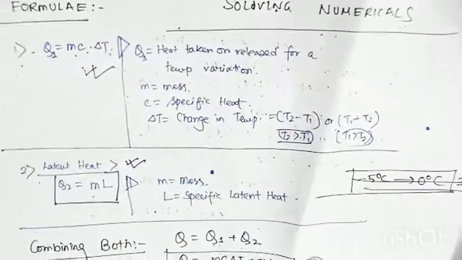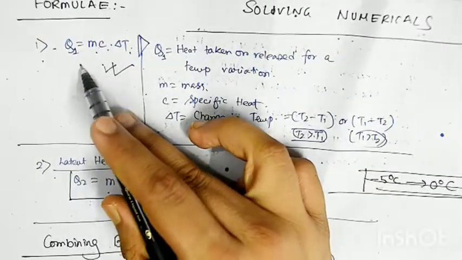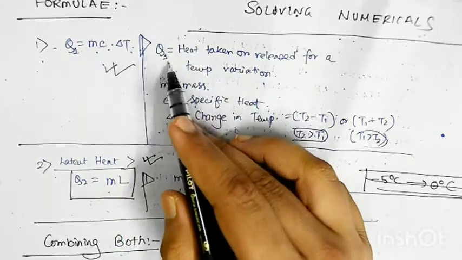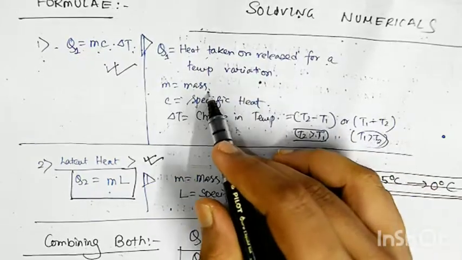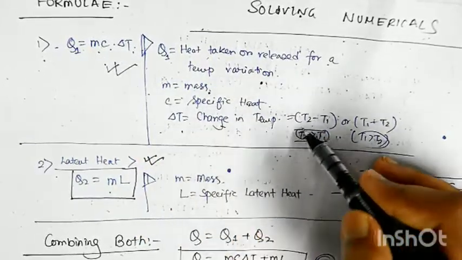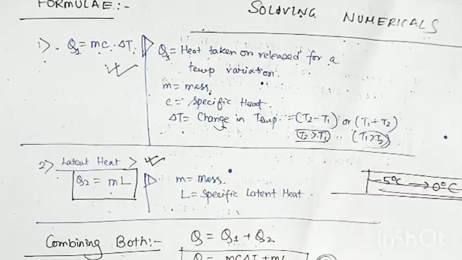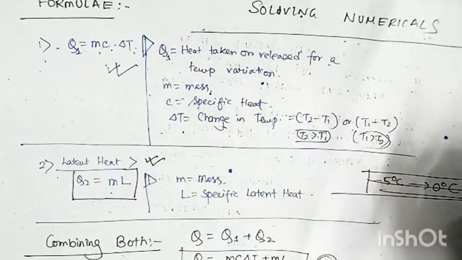See, the first case where temperature change occurs, Q1 equals mc delta T, where Q1 is the heat taken or released due to temperature variation, m is mass, C is specific heat, and delta T is change in temperature, that is T2 minus T1 or T1 minus T2 depending on which is greater. Clear? That's the first kind.